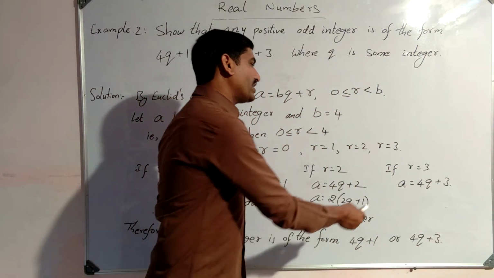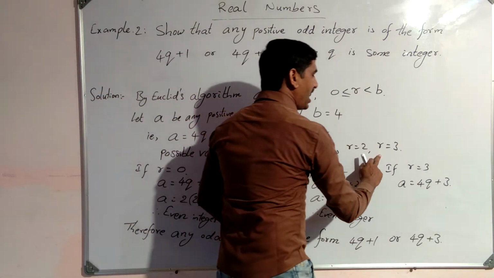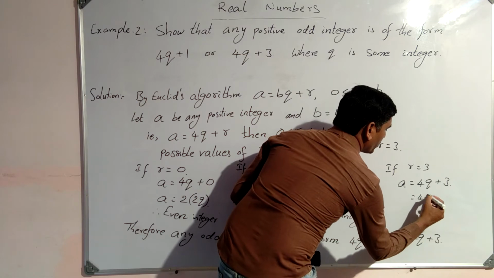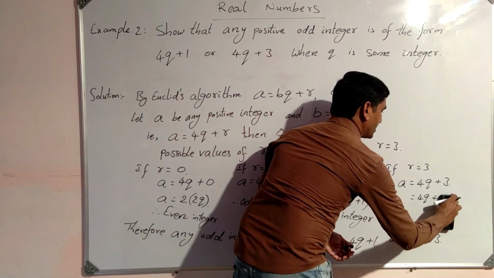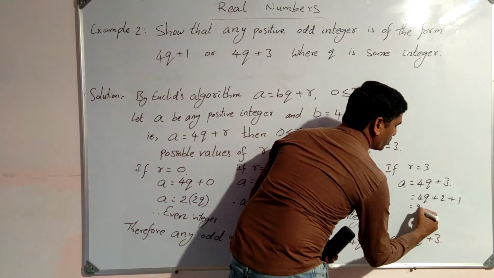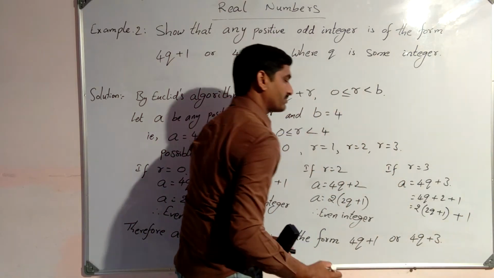Now, if r equals 3, what is happening? a is equal to 4q plus r, so with r equals 3, a is equal to 4q plus 3. Here, 4q plus 3 can be written as 4q plus 2 plus 1. From the first two terms, 2 can be taken common: 2 into 2q plus 1 plus 1.